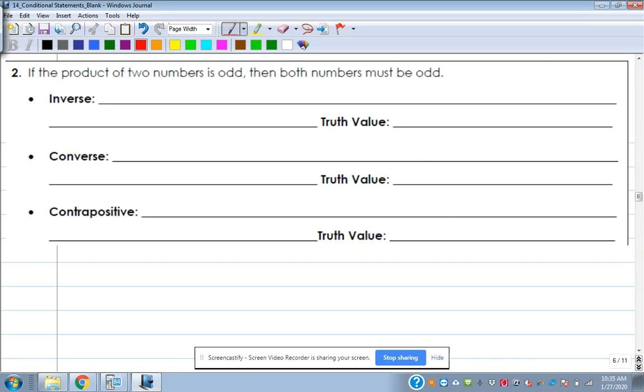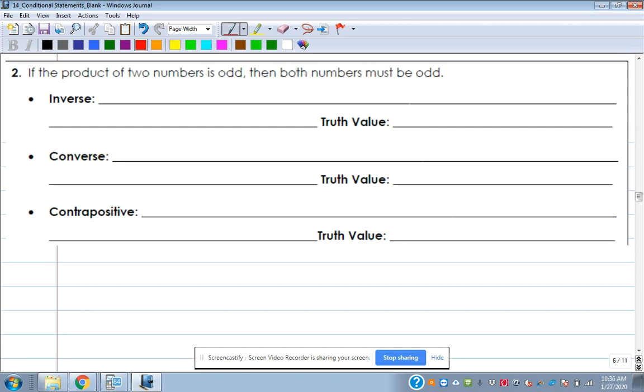All right, number two. Let's just talk about these. We won't necessarily have to write them all out. If the product of two numbers is odd, then both numbers must be odd. So the inverse of that. What's the negation of odd? Not odd.